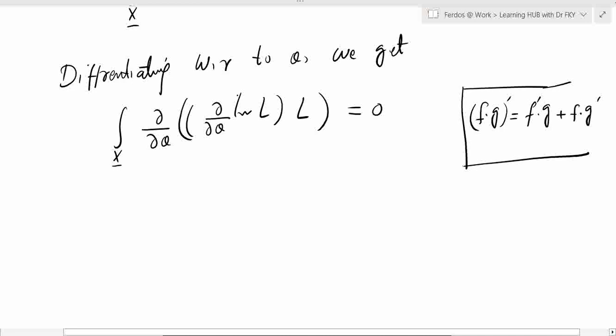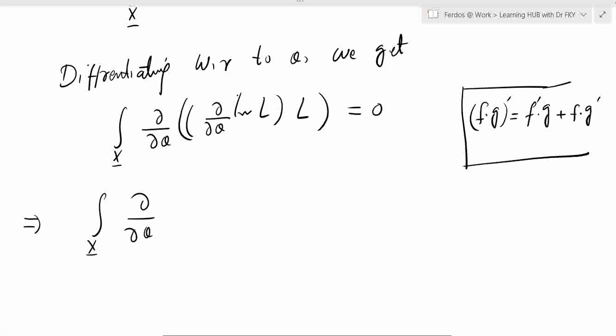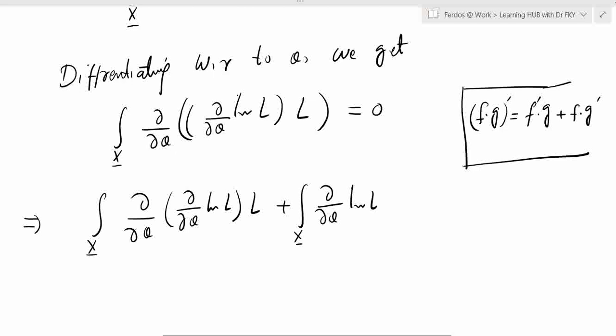Using this rule, we take the partial derivative with respect to theta of this, and L will remain there as it is, plus this will remain as it is, and we take the derivative of L, and this is equal to 0.